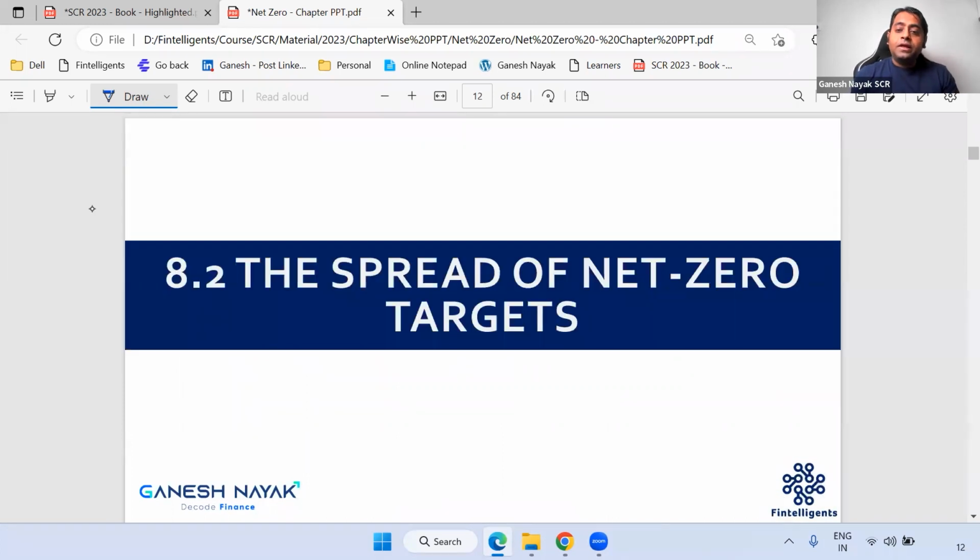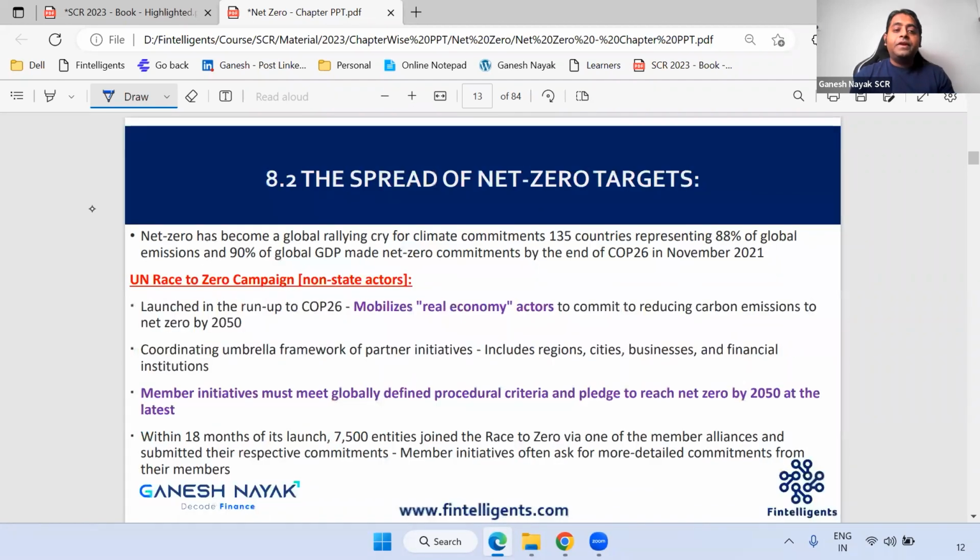Let us go to the second point, the spread of the net zero target. Here they've given you some information on non-state actors, which are not driven by the government, and how they are helping to reach the net zero scenario. Net zero has been globally recognized now.